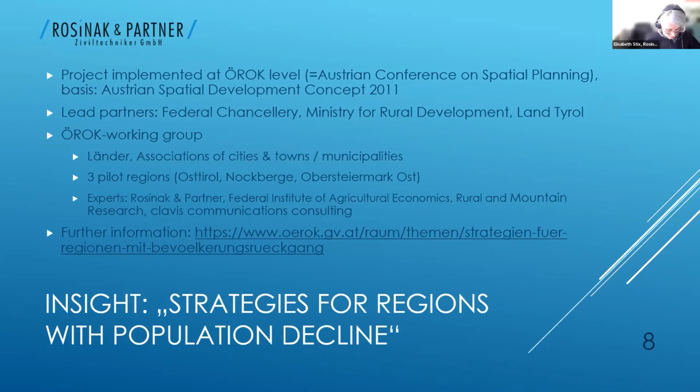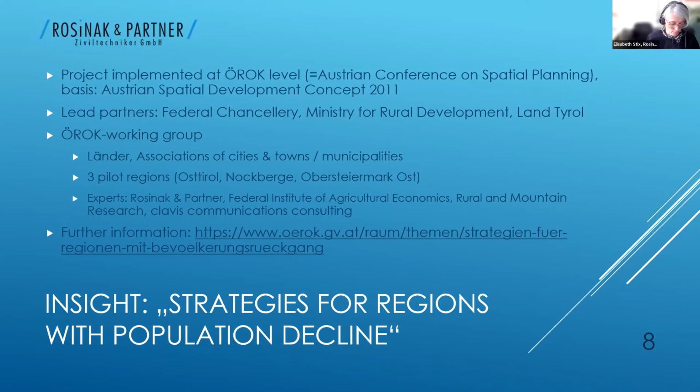I will now jump in and give a short insight into the project strategy for regions with population decline. It was a project implemented at the Austrian Conference on Spatial Planning. Lead partners were the Federal Chancellery and the Ministry for Rural Development and also the Land Tirol. And a working group was accompanying the work, and there were some experts doing analysis and the content-related work.